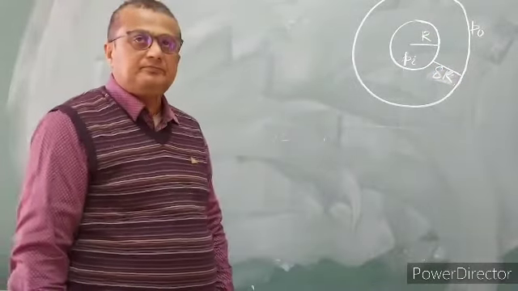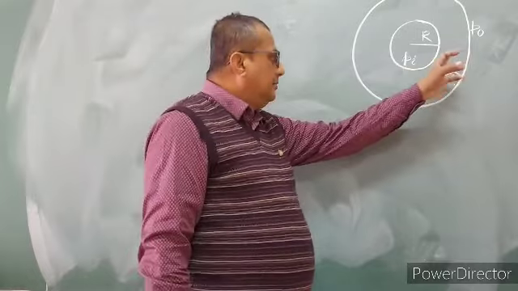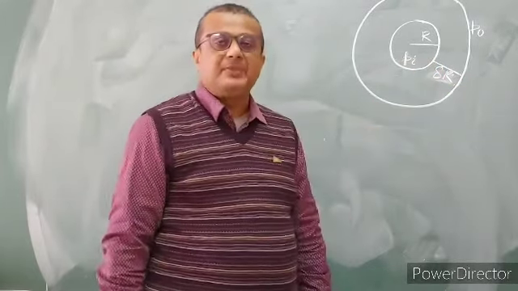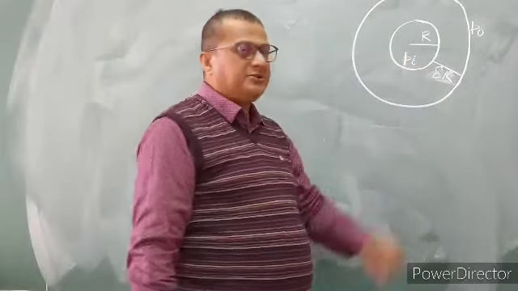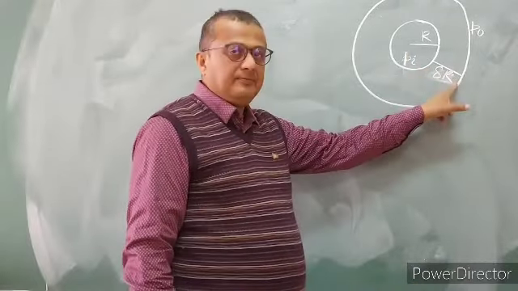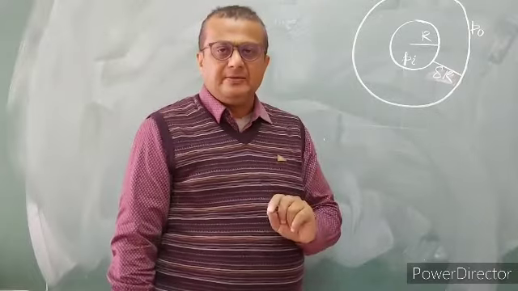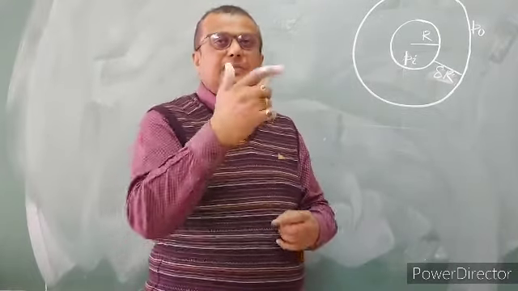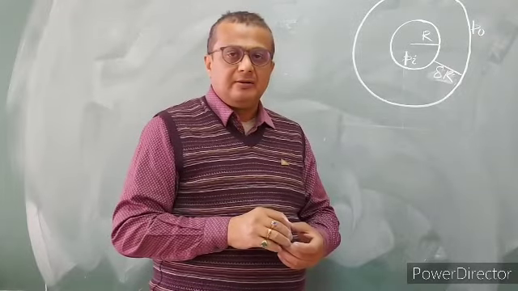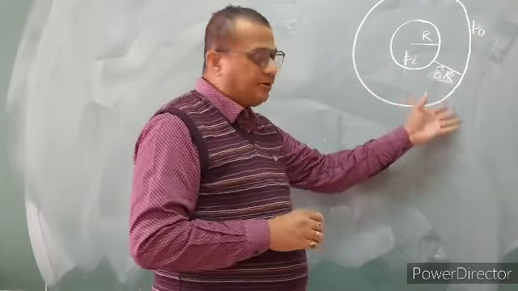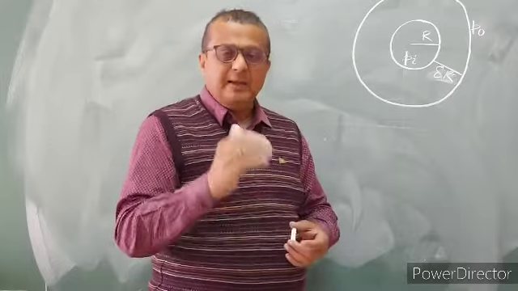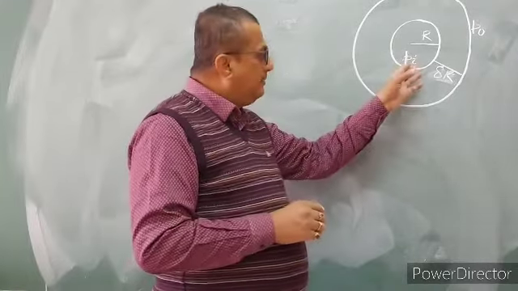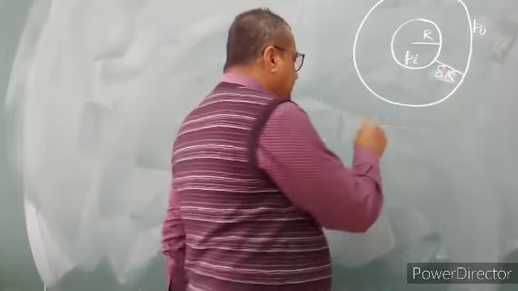Now, when this liquid drop expands due to inside pressure, there will be work done. It is not breaking, but it may expand, and when it expands, there will be work done. We can calculate the work done. But we have to find the excess pressure, that is Pi minus PO.